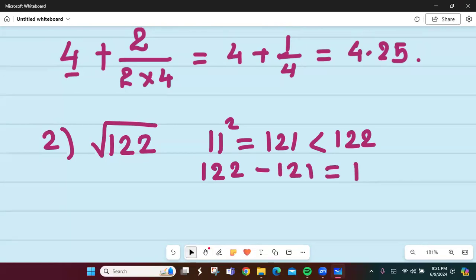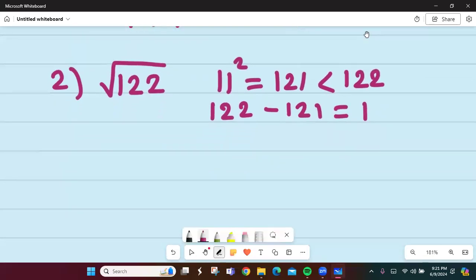So what we'll do, as we have done in the first problem, since the nearest square is 11, I will write 11 here. Now 11 square, 121, is less than 122, so I'll put a plus sign here. The difference between 122 and 121 is 1, that I will write in the numerator.